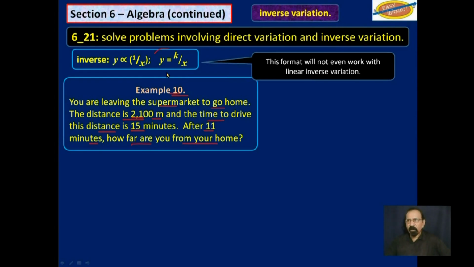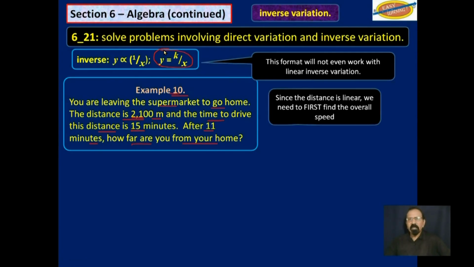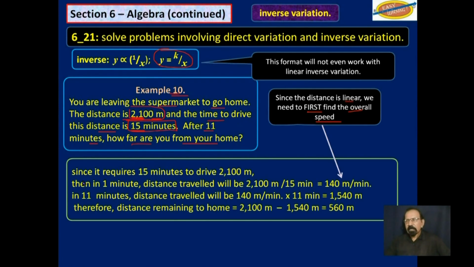Now remember, I said we cannot use this. So since the distance is linear, we need to first find the overall speed. And how do we do that? Well, we divide 2,100 meters by 15 minutes, as you will see subsequently. Since it requires 15 minutes to drive 2,100 meters, then in 1 minute, the distance traveled will be 2,100 meters divided by 15 minutes, which would be 140 meters per minute.